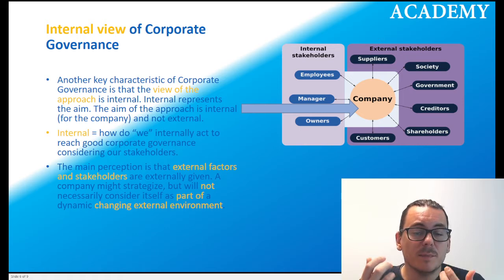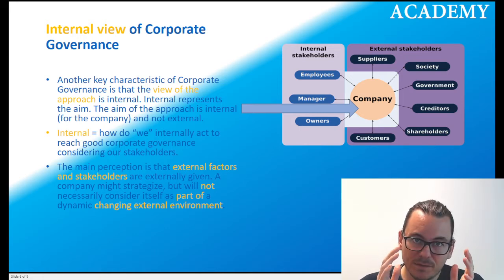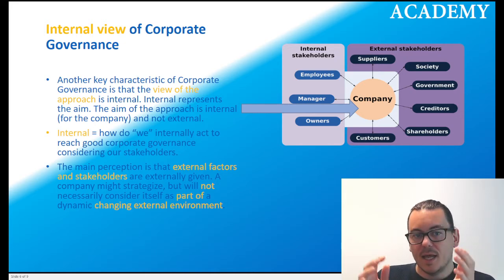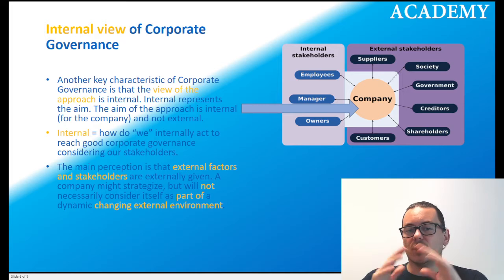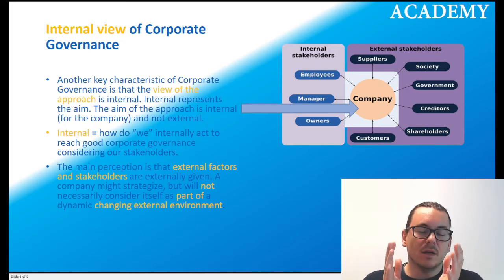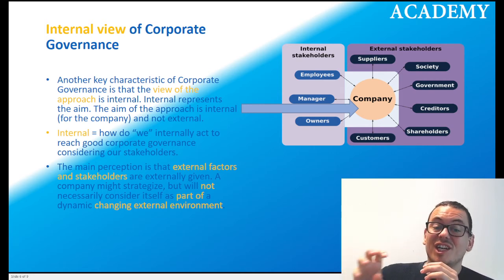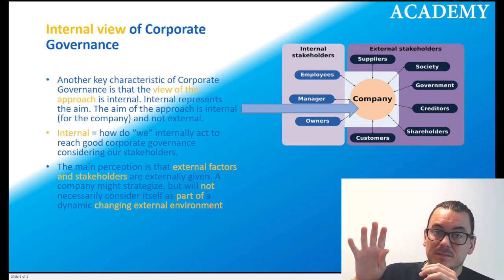So the main perception here is that external factors and stakeholders are externally given. So a company might strategize, it might plan different things, but it will not necessarily consider itself a part of this changing external environment.